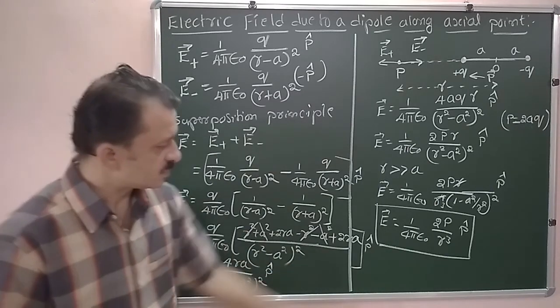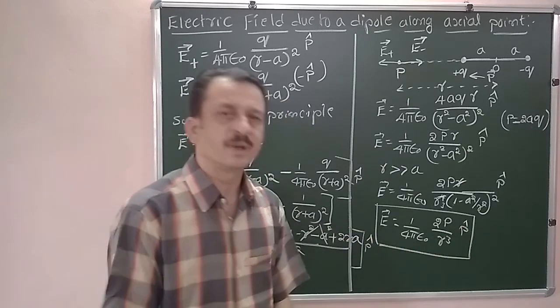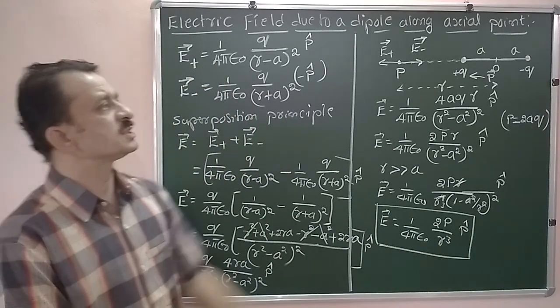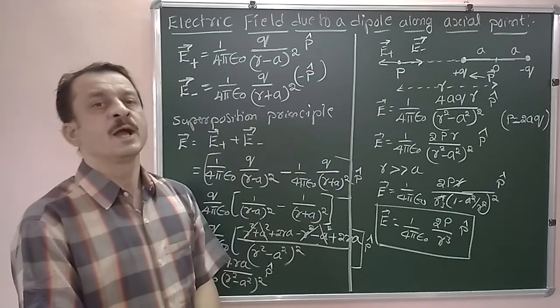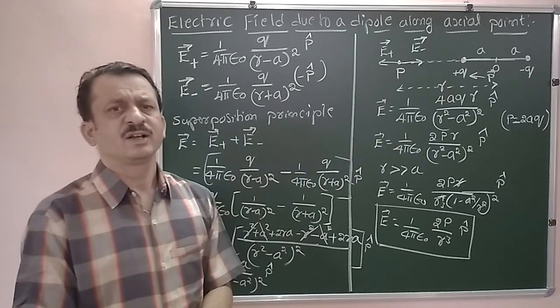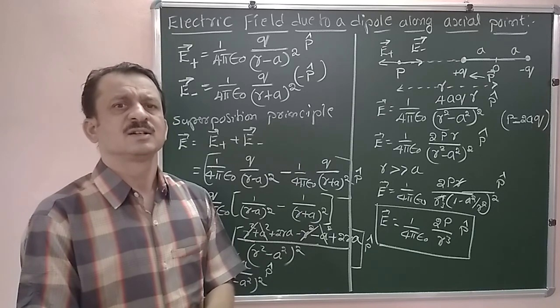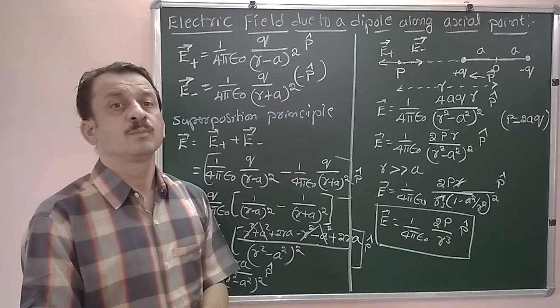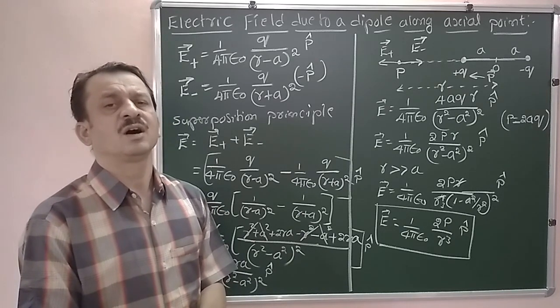This is the final expression. Now this electric field and the dipole moment are parallel to each other. That means they are in the same direction. Now this point P is also called the end on position or end on point.